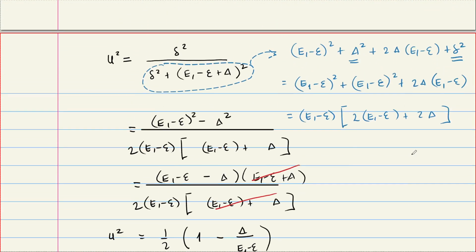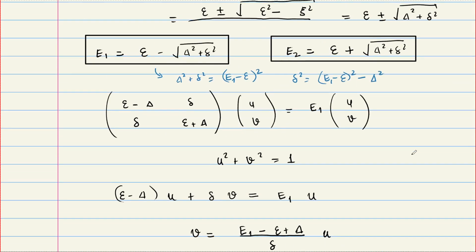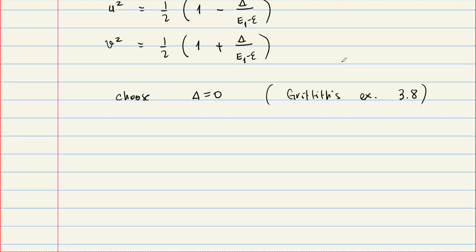In that case, what do we have? Delta is 0. I have 2 eigenvalues, epsilon minus delta and epsilon plus delta, right? If uppercase delta is 0, E1 is equal to epsilon minus delta, and E2 is equal to epsilon plus delta.